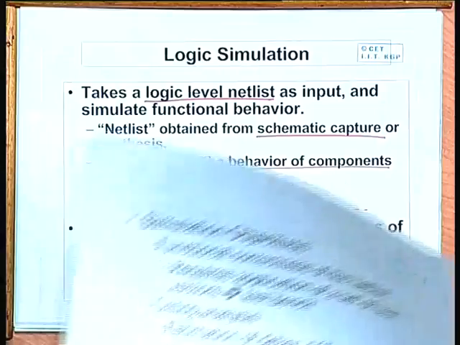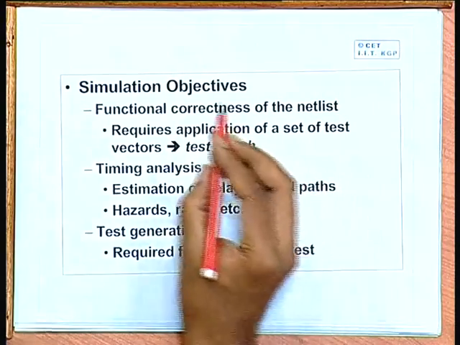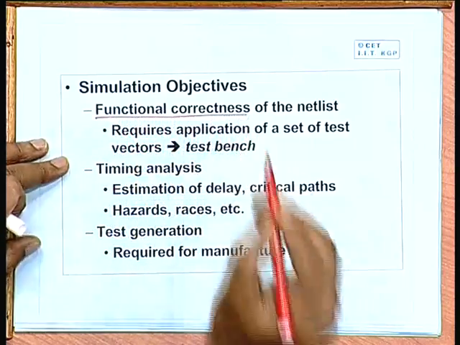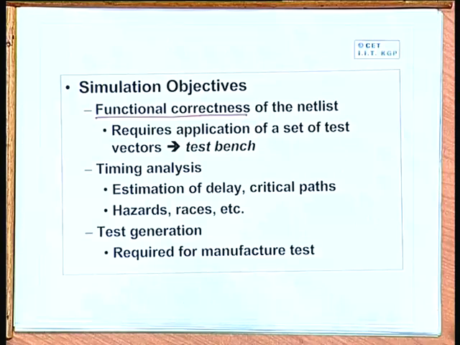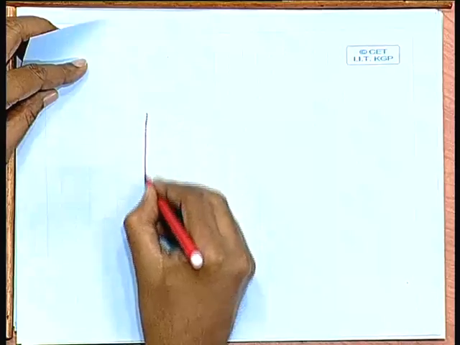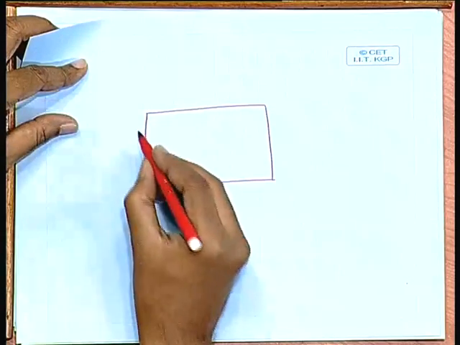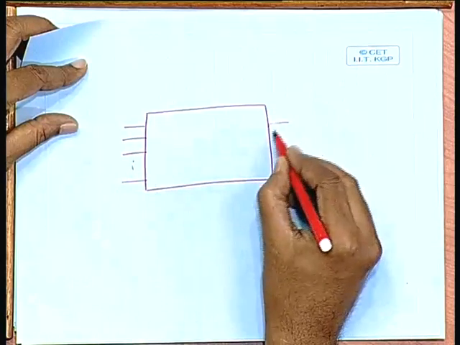Now, this is what simulation is. When you talk about the simulation objectives, the main objective is of course to verify the functional correctness. How do we verify it? Given a circuit, I am treating it as a block diagram, some kind of a netlist, with some inputs and some outputs.